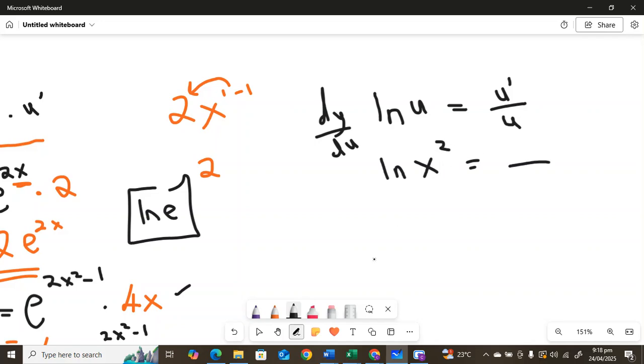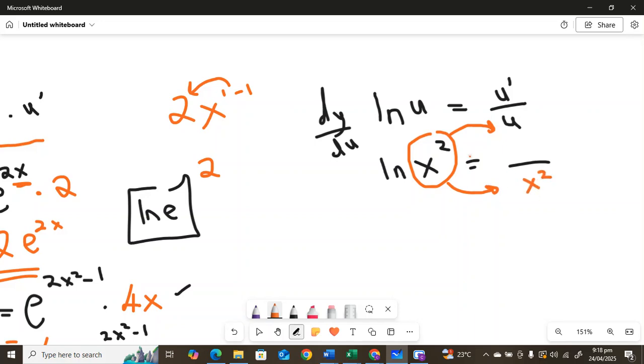When we derive x squared, what do we get? We have to derive this here in the numerator. Then in the denominator, you leave it the way it is here.